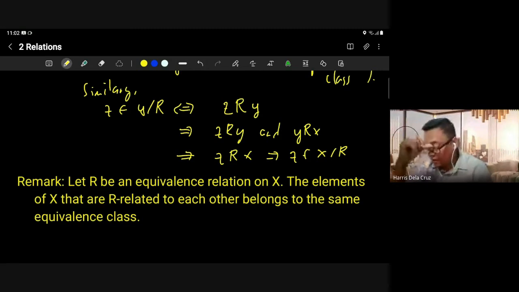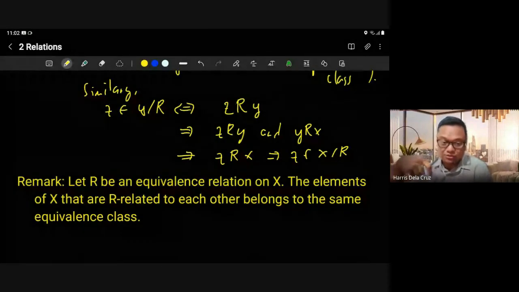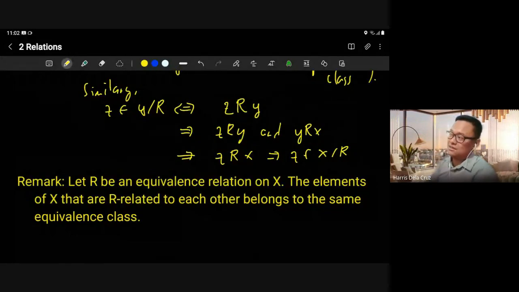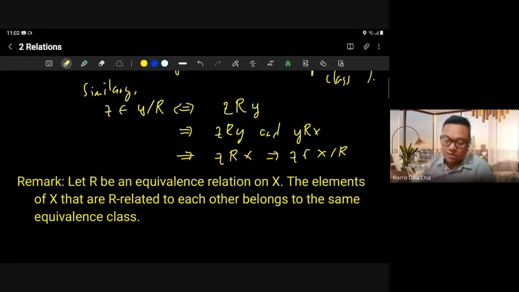So meaning, kung ano mapakita natin, may mga element that belong to the same equivalence class. So, two equivalence classes, whenever they have a common element, will become the same equivalence class. So, ibig sabihin, kung ang dalawang equivalence class ay walang common element, then they become mutually disjoint.